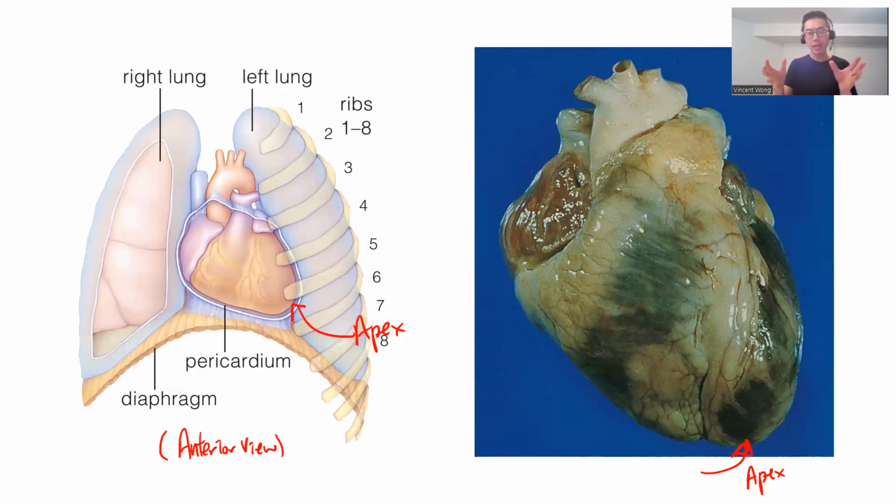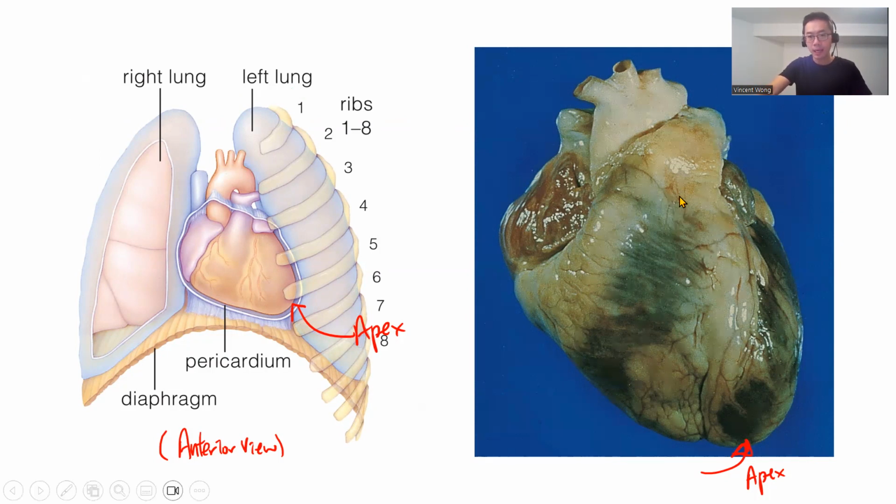It keeps it in place, it protects it, and as you will see, it prevents the heart from rubbing against the lungs. We don't want organs rubbing against each other. It could create friction and increase wear and tear.